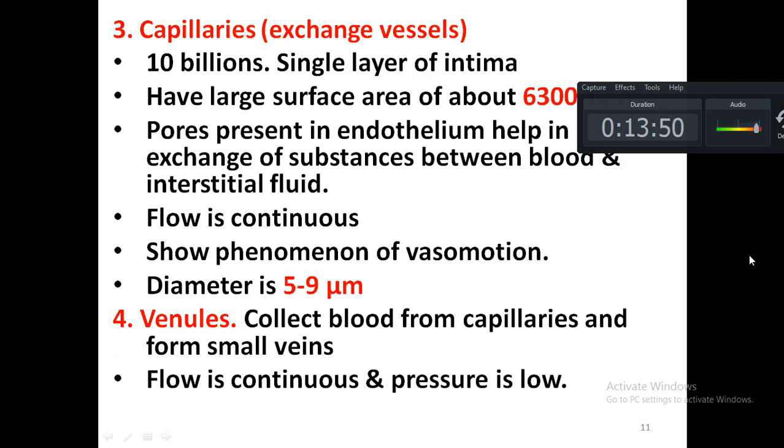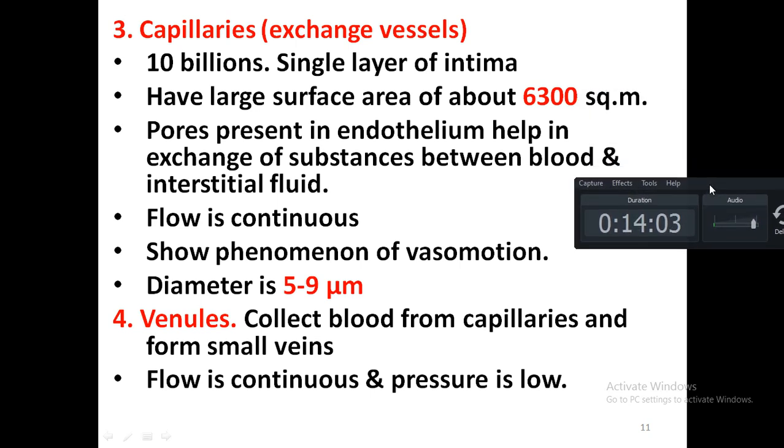Then are the capillaries. They are also the exchange vessels. There are about 10 billion capillaries in our body. They are composed of only a single layer of intima, and they have a very large surface area, which is about 6,300 square meter.